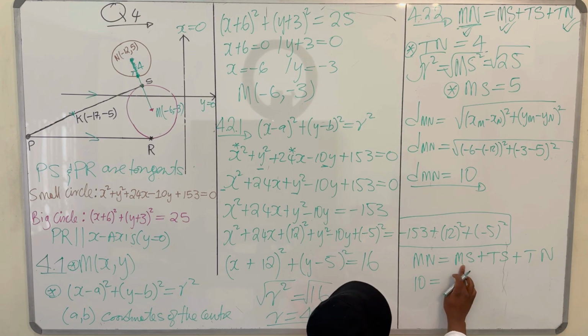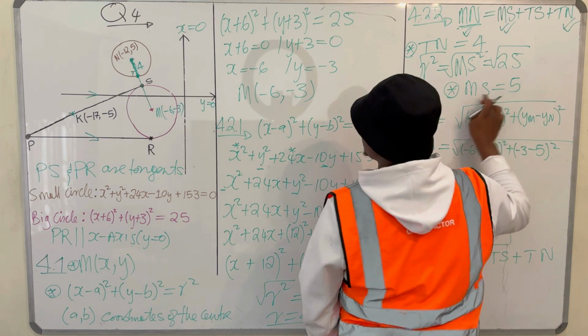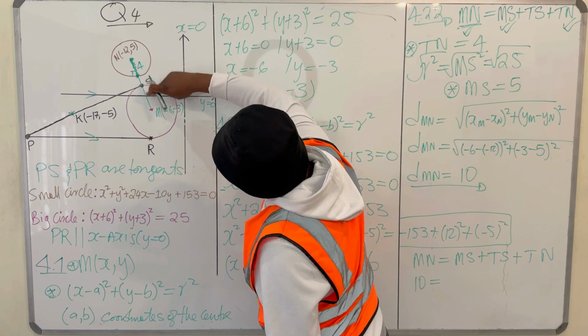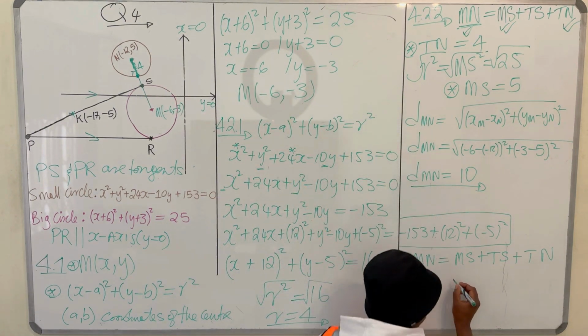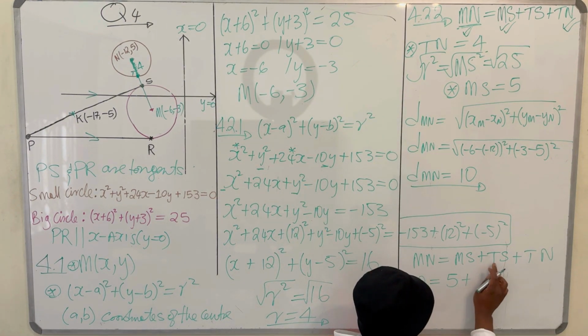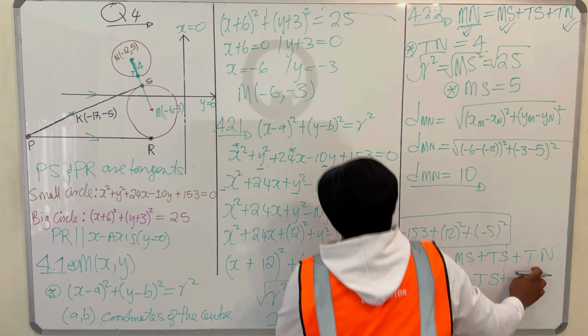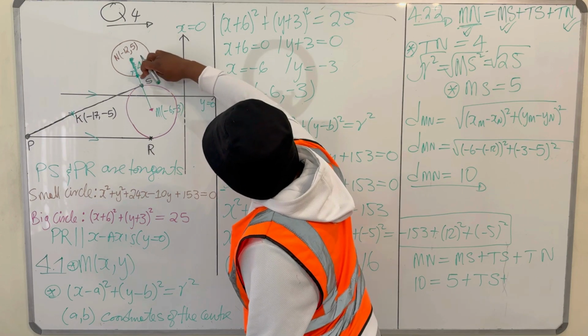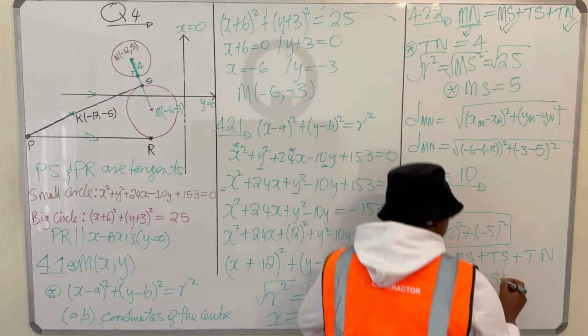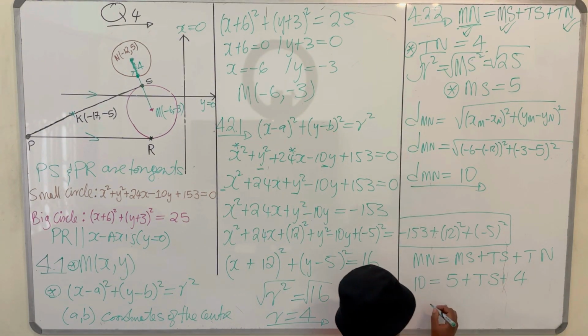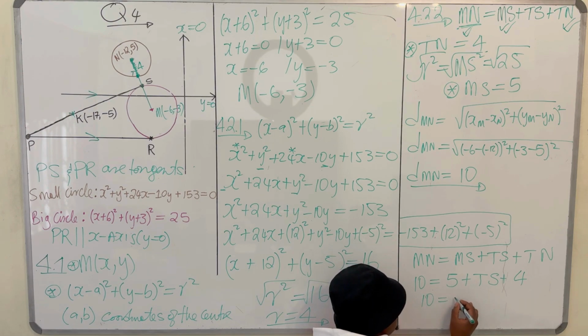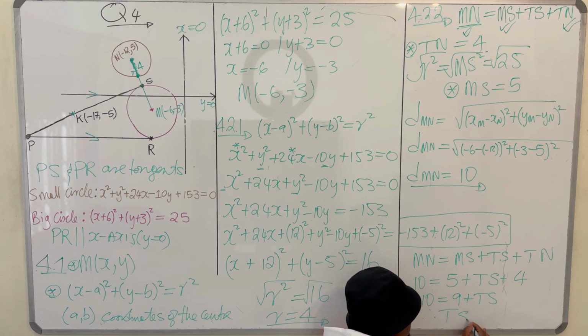It's equal to ms. What is your ms? Your ms is equal to 5, the radius of this large circle here. So it's 5 plus ts, which is what we're looking for, plus tn. Tn is the radius of the smaller circle, which is 4. Then 10 is equal to 5 plus 4, which is 9, plus ts. Therefore, solving for ts, you find that ts is equal to 1 unit.